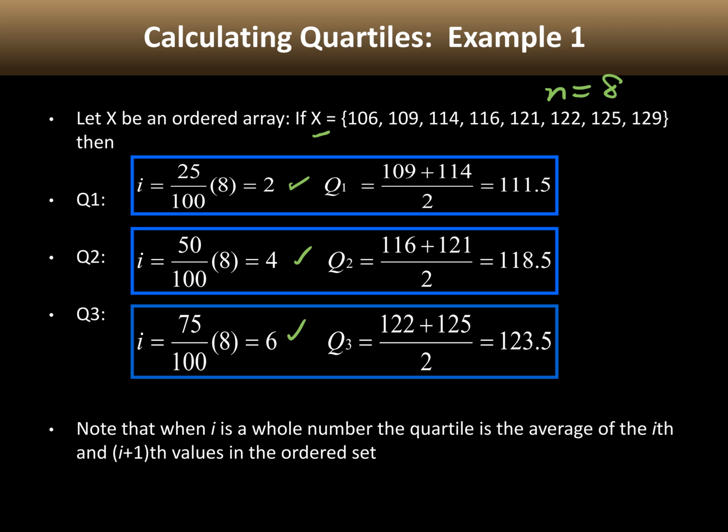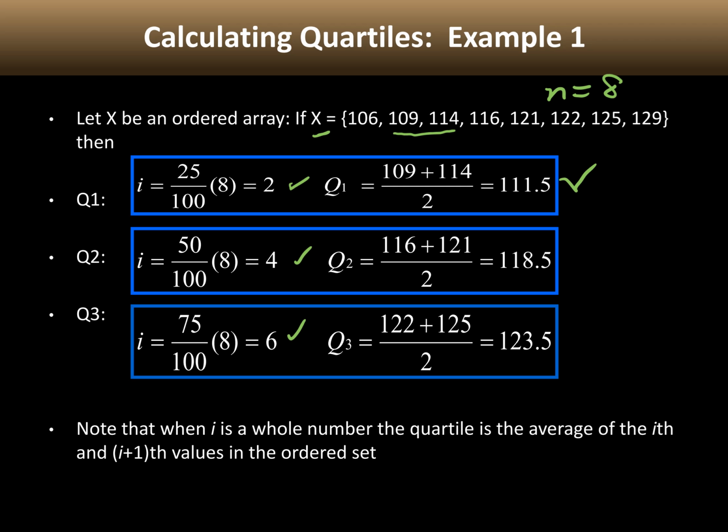This needs to be put into order from smallest to largest. It already is. When I is a whole number, the quartile is the average of the ith and the ith plus 1 value. So for 2, it would be the average of 109 and 114, so the lower quartile value is 111.5.